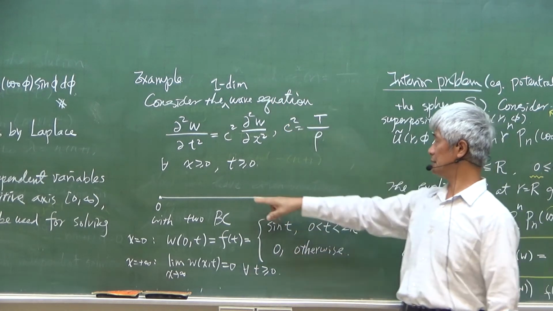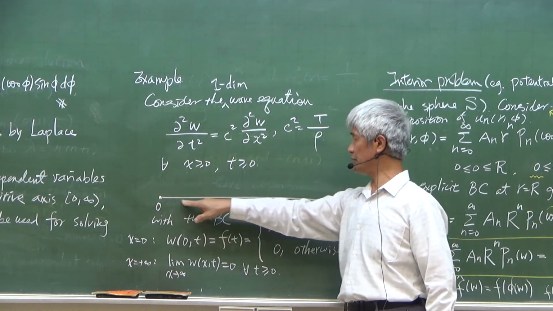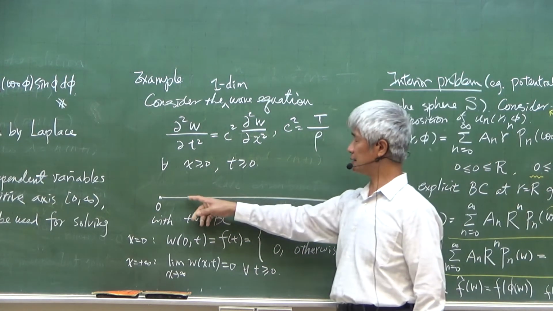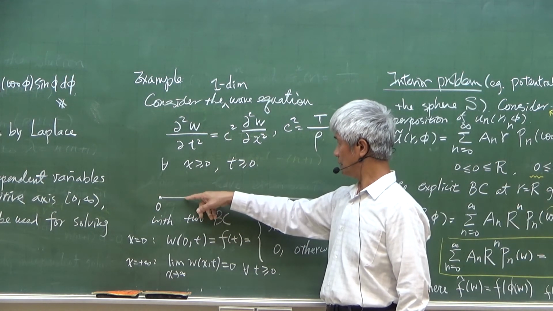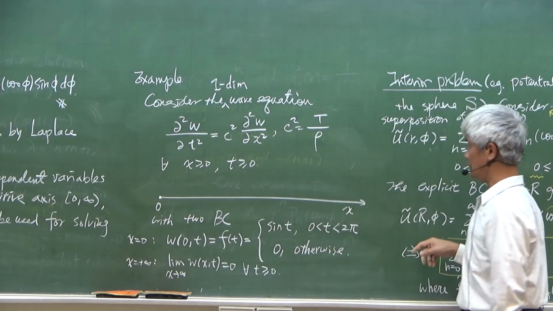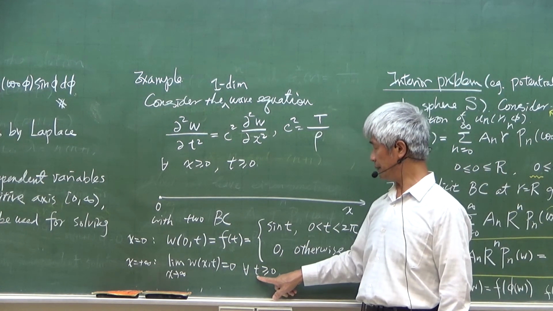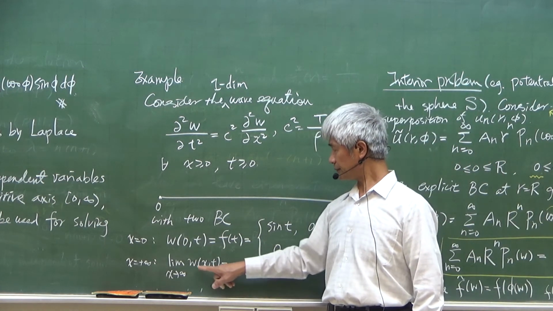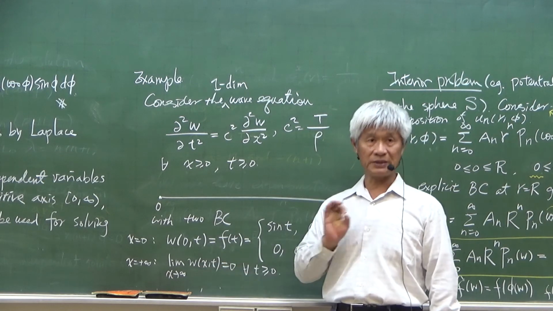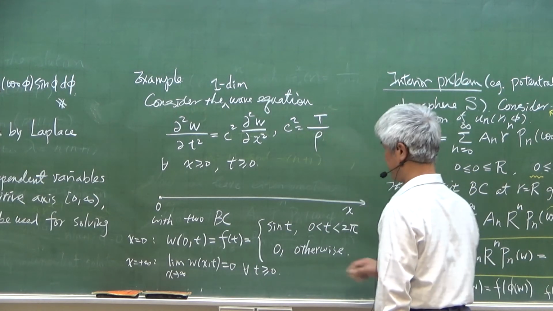Because this string has infinite length, it takes the wave infinitely long to travel through the string to infinity. So essentially, at any finite time, as x goes to infinity, the displacement should be 0. Okay, so this is physically meaningful.